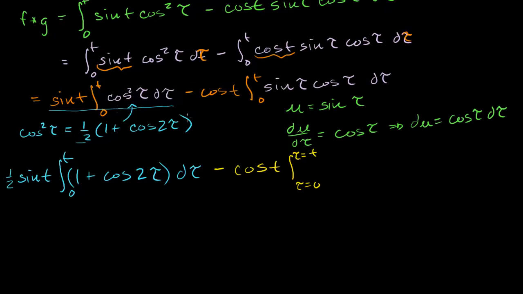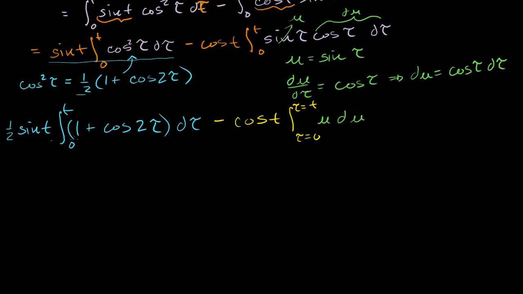If u is equal to sine of tau, then we showed that du is equal to cosine tau d tau. So this thing right here is equal to du. So it's u du. And let's see if we can do anything useful now.